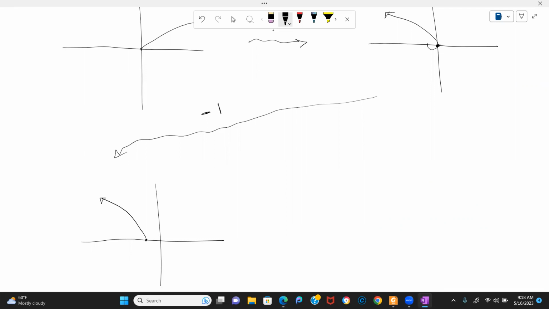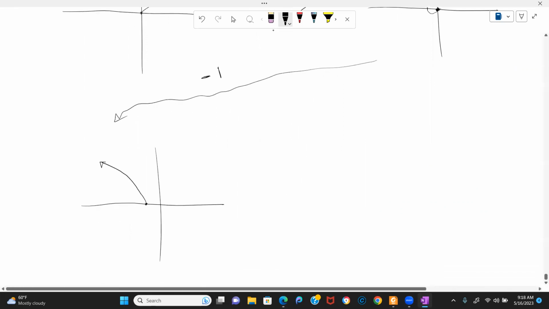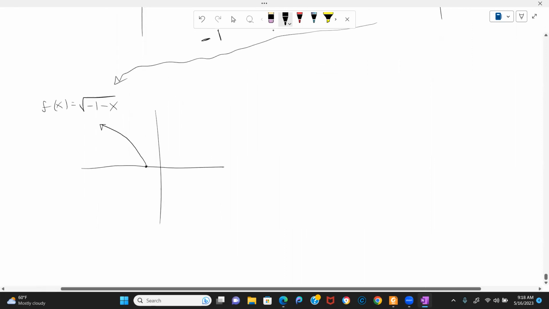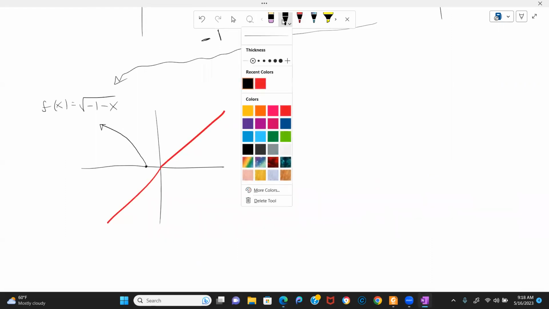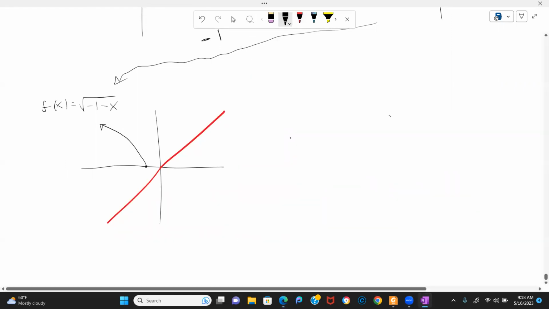And then the question is, so this is the graph of square root of -1 minus x. So this is f of x. And we want to know what's the inverse. Well, you have this diagonal line here. Let's see if I can draw a diagonal line. Not really. And you want to reflect it over this line right here.